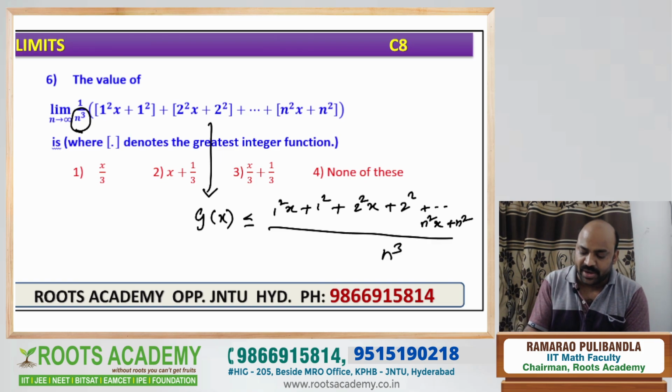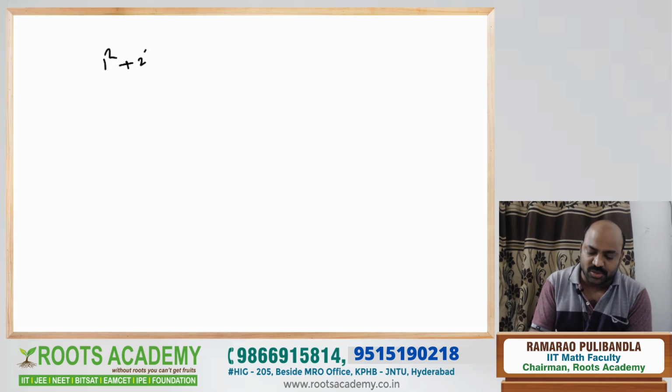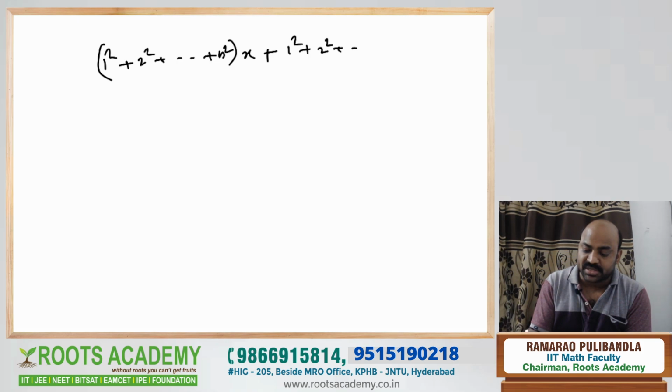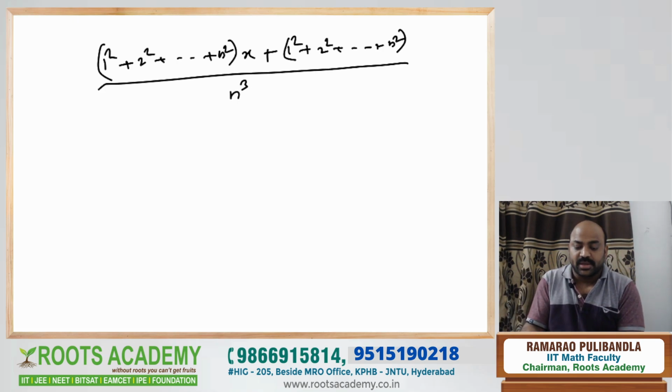When I simplify this thoroughly, 1 square plus 2 square plus n square into x plus, next one is 1 square plus 2 square and so on plus n square by how much? n cube. Right, student? Can you simplify that?